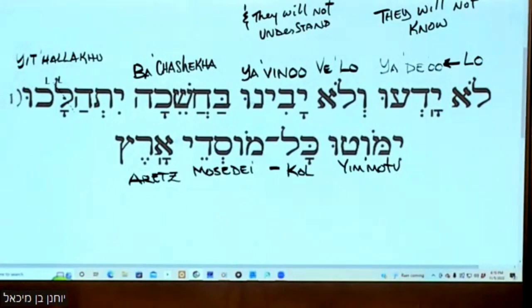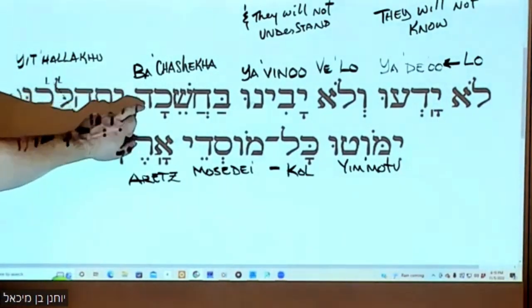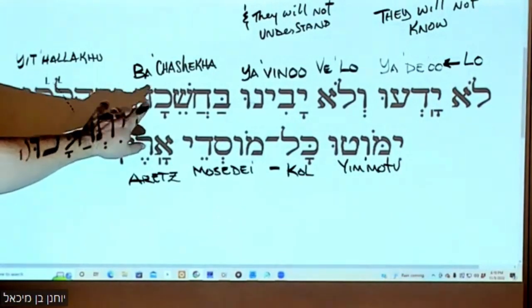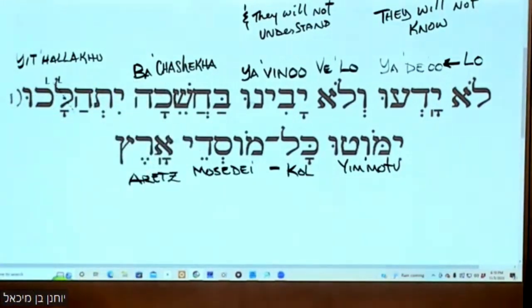So what's going on is we know that there's an action coming, okay? So what does that leave us for a root word here? Chashech, right? The root word is choshech, which means dark or darkness, right?